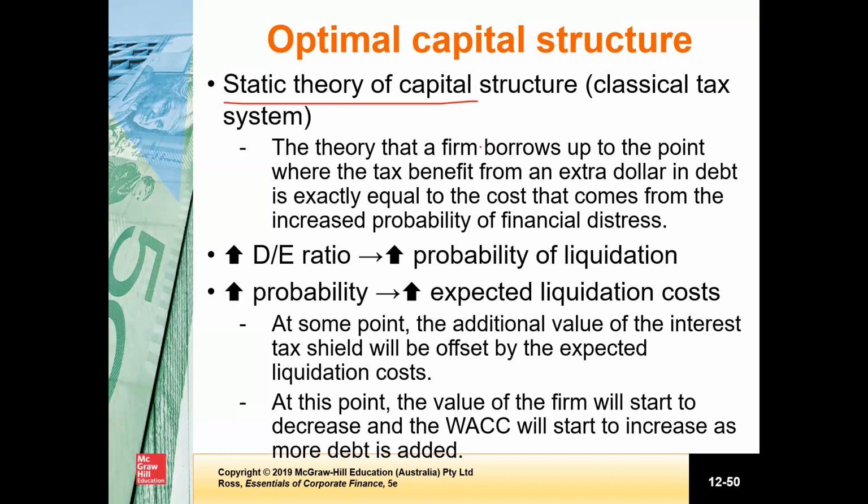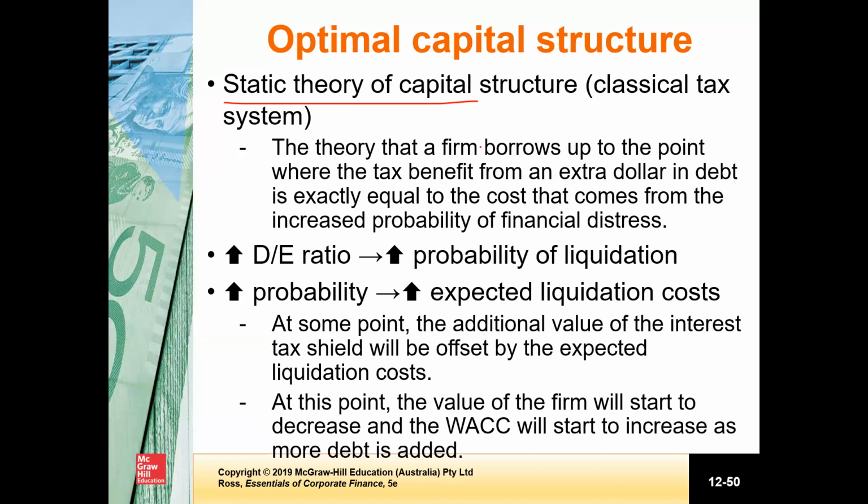structure. The theory of capital structure in a classical tax system that we have outlined earlier is called the static theory of capital structure. It says that firms borrow up to the point where the tax benefit from an extra dollar in debt is exactly equal to the cost that comes from the increased probability of financial distress.